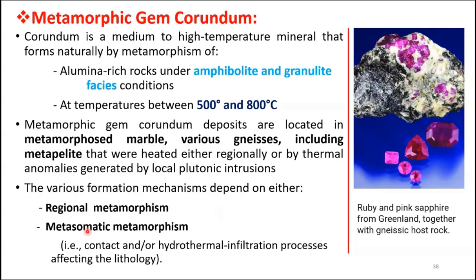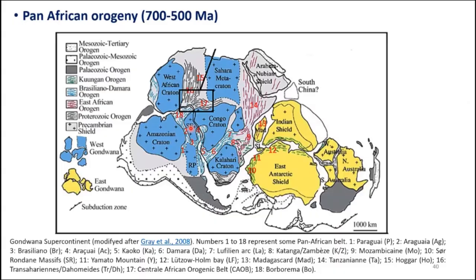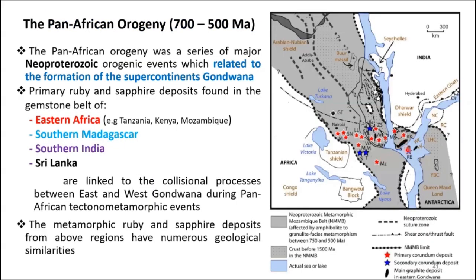So then corundum can be produced. So when you're considering the distribution of this gem quality corundum on Earth, we can identify 2 main orogenic events. Orogenic events mean mountain building processes that happened through Earth history.